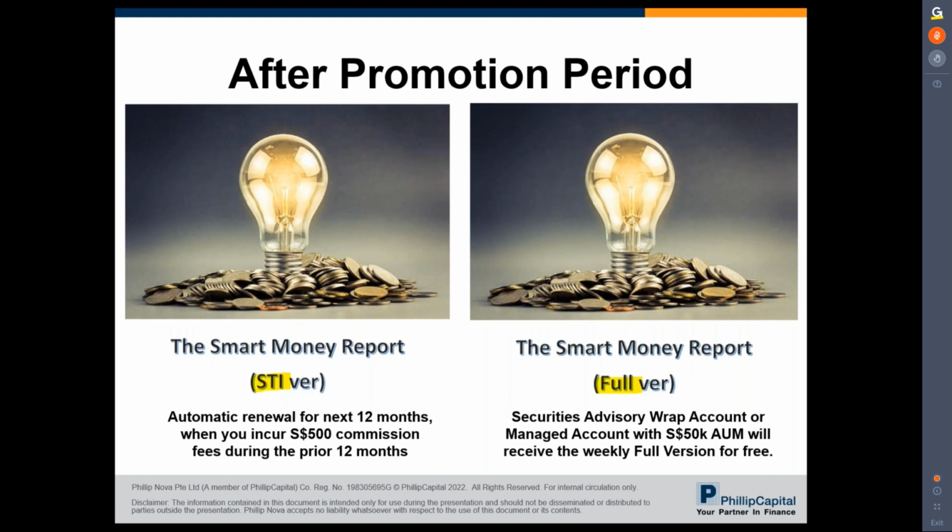And I've just included in this week's issue the Smart Money chart on the Straits Times Index itself, and also the Smart Money chart on the KLCI, the Kuala Lumpur Composite Index.